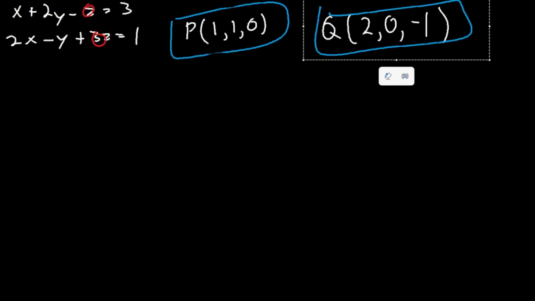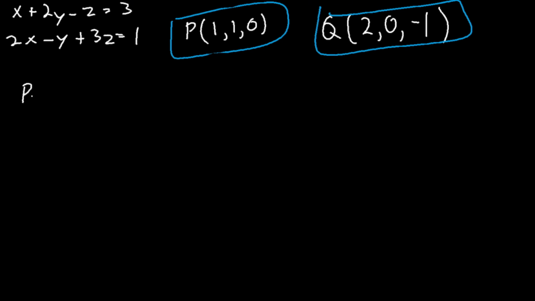For the vector equation of a line, and let's clear this up, this was z and 3z, right? Let's write z. For the vector equation of a line, all you need is 1 point and a vector that is parallel to the line.